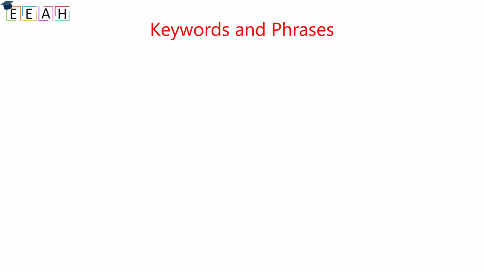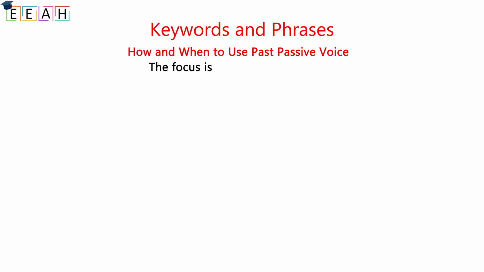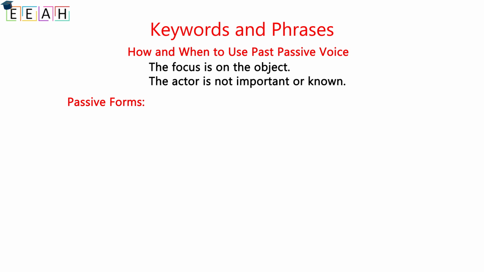Let's have a look at today's keywords and phrases. We learned how and when to use past passive voice. We use it when the focus is on the object and when the actor is not important or known. Here we have the passive form structure. You start a sentence with an object, then you have was or were, and past participle form of the verb follows.